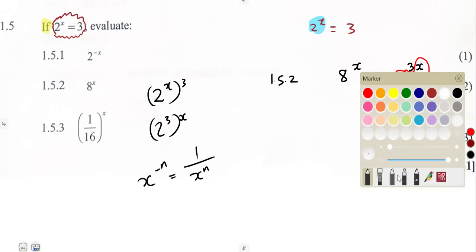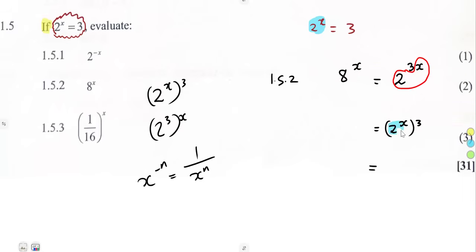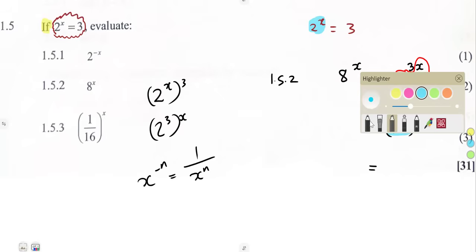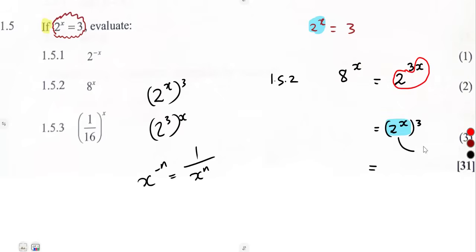What we just need is to properly see this 2 to the exponent of x so that we can substitute with its equivalent, which is 3. So this is the same as 3 raised to the exponent of 3. 3 times 3 times 3, which is 27. Just like that. So this was going to give us 27 directly.